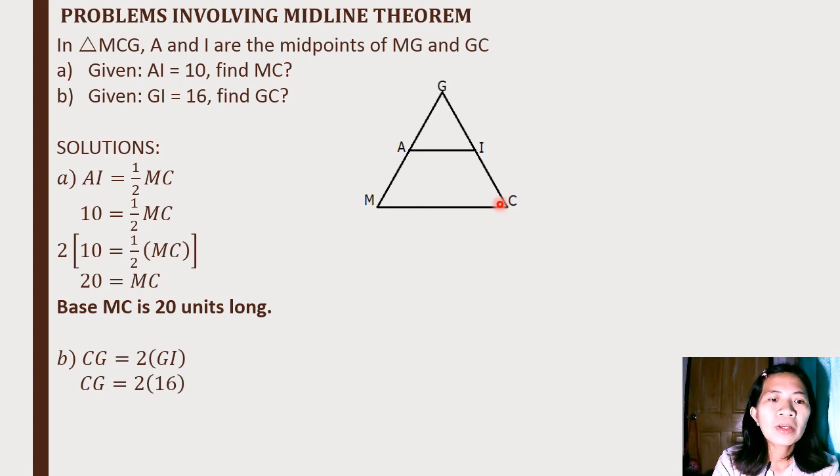So if segment GI is 16, times 2, we can get the measurement of segment GC. 2 times 16 is 32. So segment CG or GC is 32 units long.